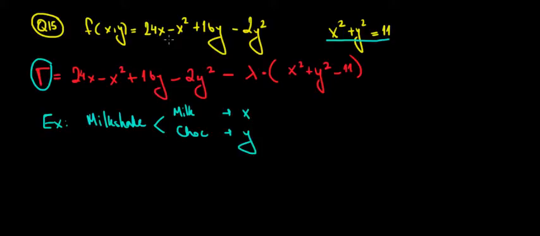That would be the inputs in our function which produces our milkshakes. And in total we have, let's say, 11 kilograms of milk and chocolate together. Now the question is, how can we maximize the number of milkshakes that we produce given that we have 11 kilograms in total? That's basically a thing that we can literally solve with Lagrange.